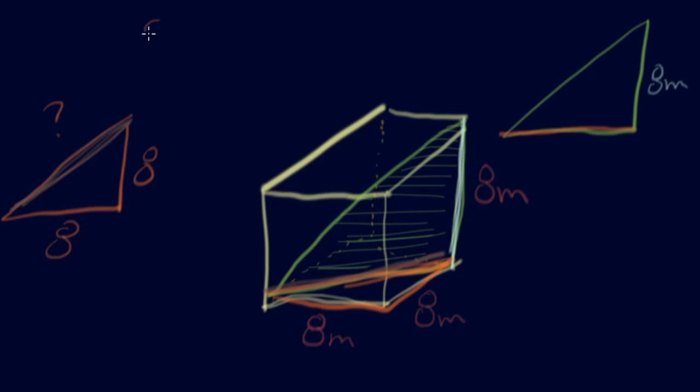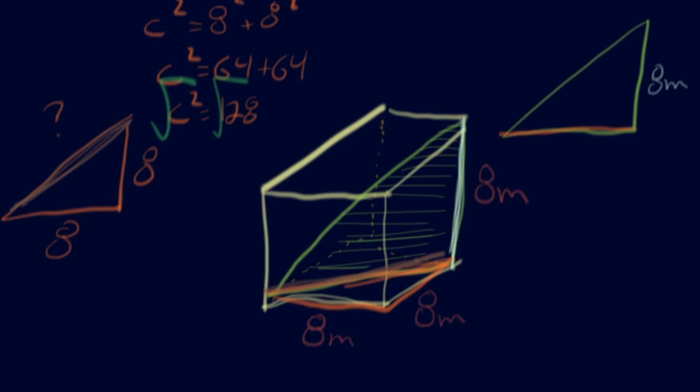And again, we're solving for c squared. So this is equal to 8 squared plus 8 squared. So c squared is equal to 64 plus 64, so c squared is equal to 128. So I need to take the square root of both sides.